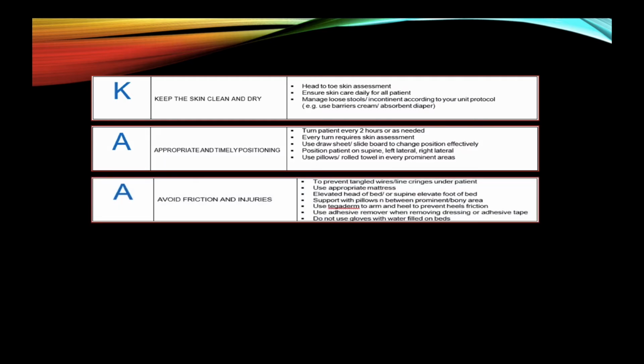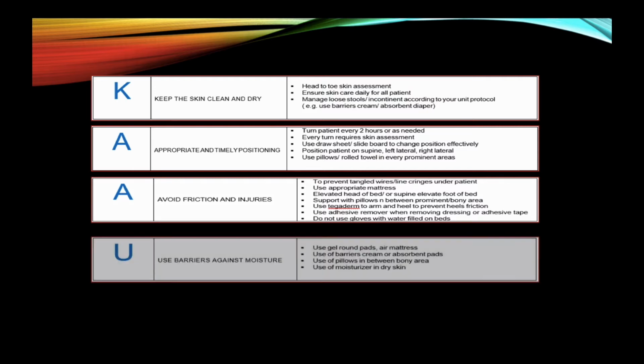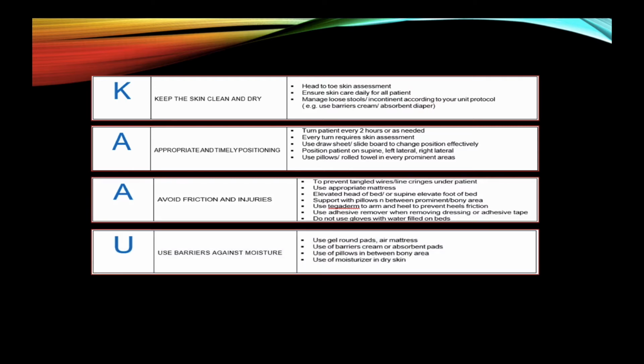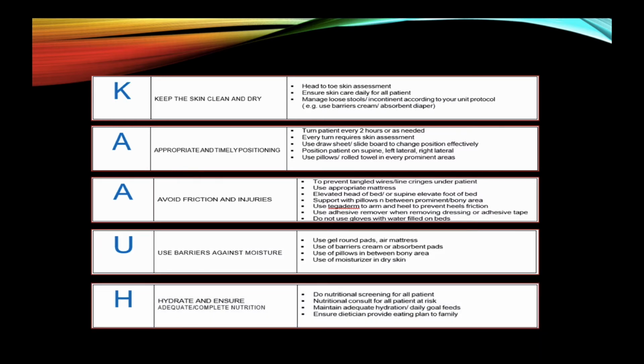Second A is for avoid friction and injuries. U for use barriers against moisture. And H for hydrate and ensure adequate complete nutrition, and across from it is the nursing intervention that can be done. Now, let us look at our pressure injury prevention and nursing care management workflow process.